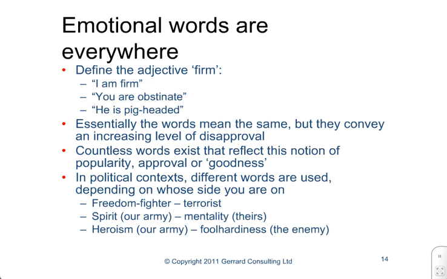Somebody else would see you as obstinate or even pig-headed. And that's how the shades of grey in the English language actually come across. Essentially, they mean the same thing, but they convey an increasing level of disapproval. And so when someone tells you you're pig-headed, take it as a compliment because you're standing firm on what you believe in. Perhaps that's one way of looking at it.